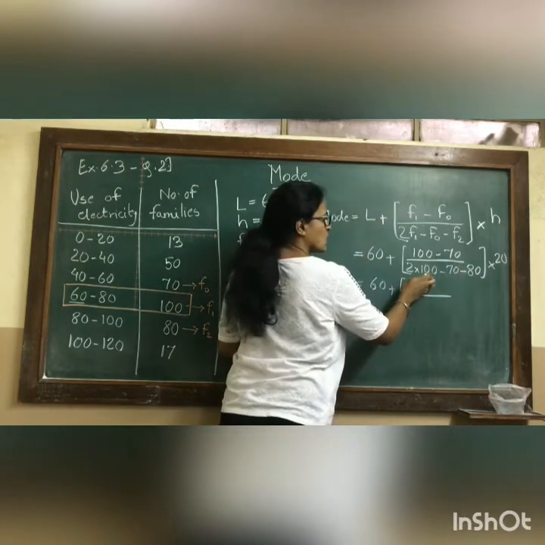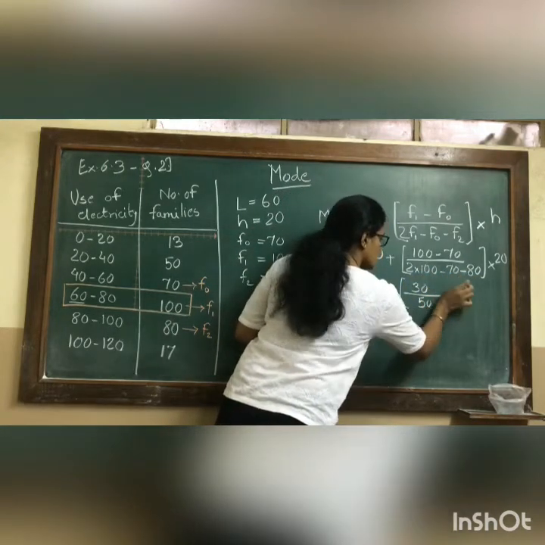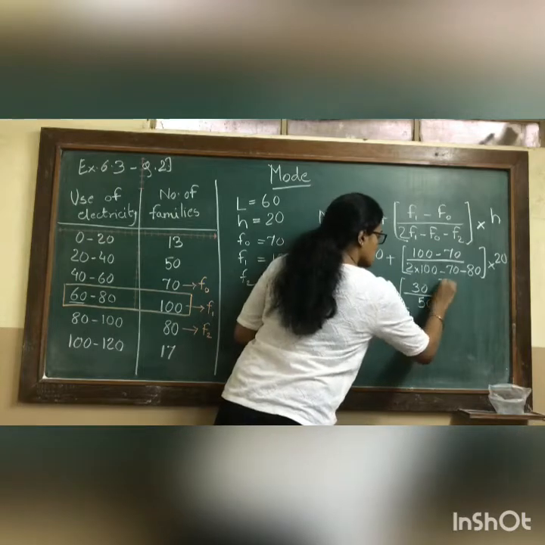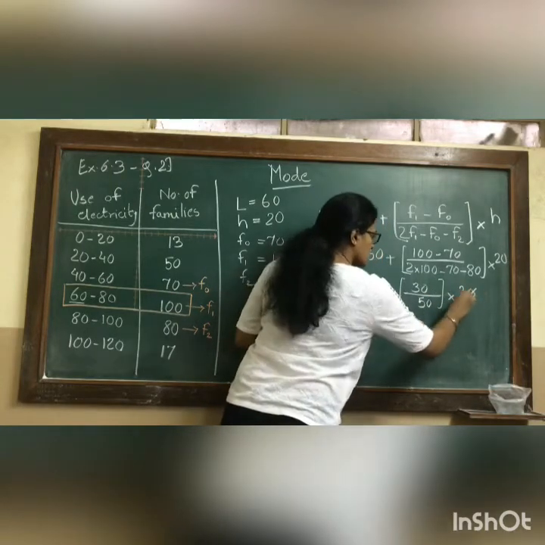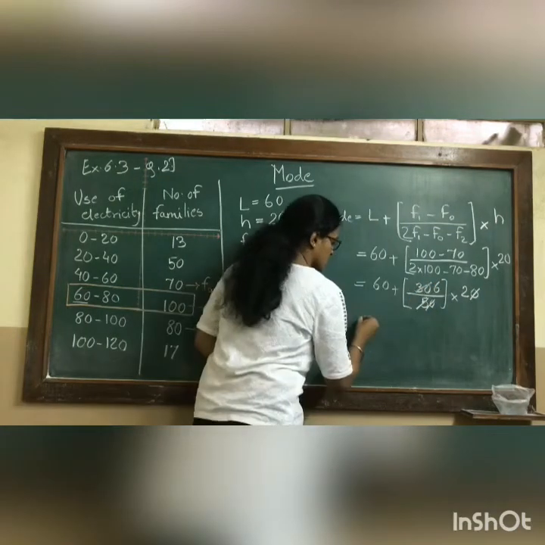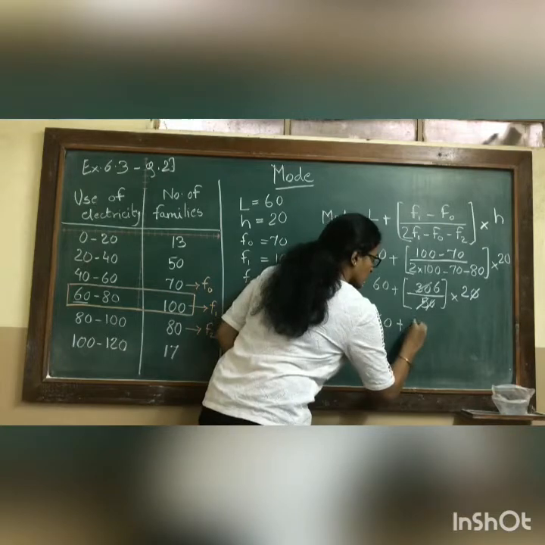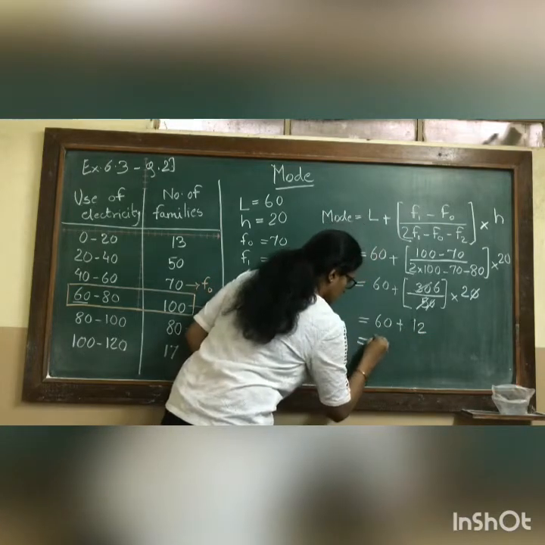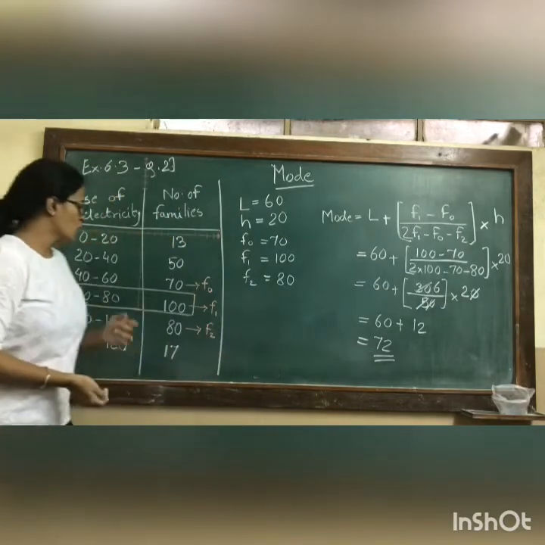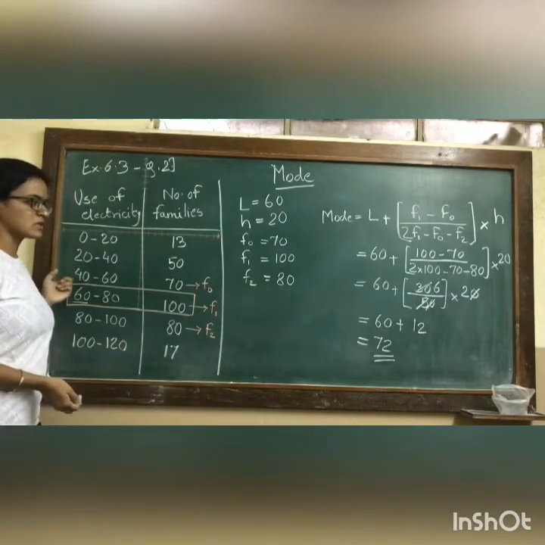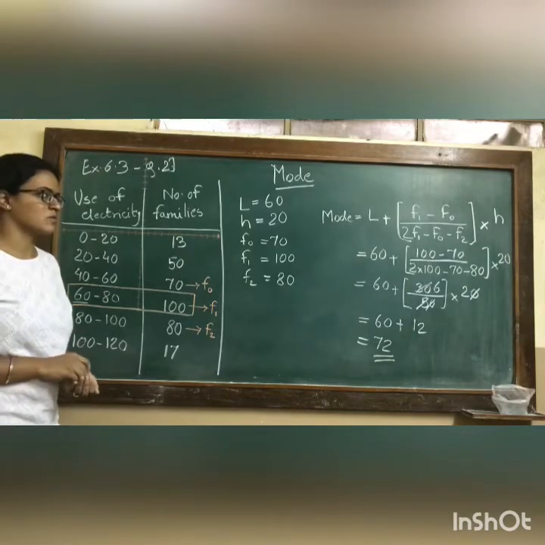This is 200 minus 150, so we get it as 50 into 20. Just cancel. Therefore, the mode for the use of electricity is 72 units. Don't forget to write the concluding statement.